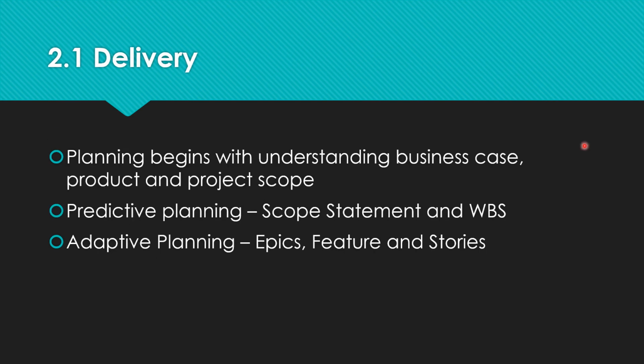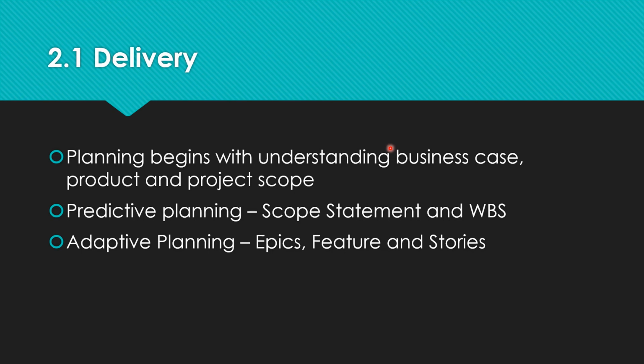So let's get into different components of planning, right? So the first one is delivery, right? The planning begins with understanding of the business case, the product scope, and the project scope. The business case will talk about business outcomes or the smart goals that the project is going to achieve.